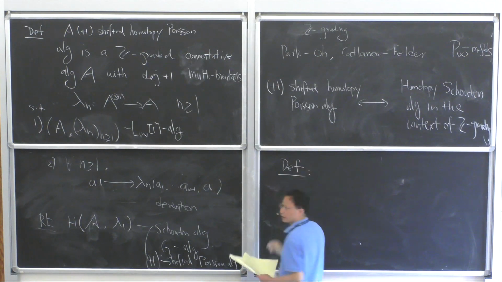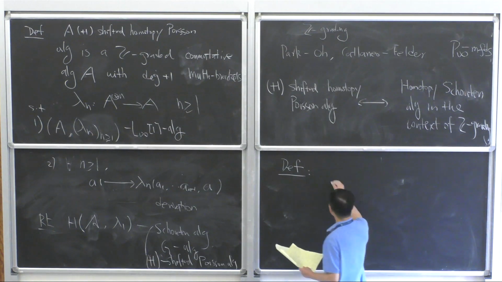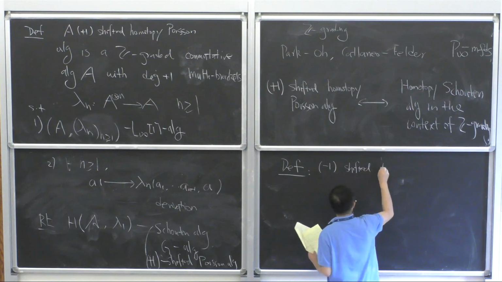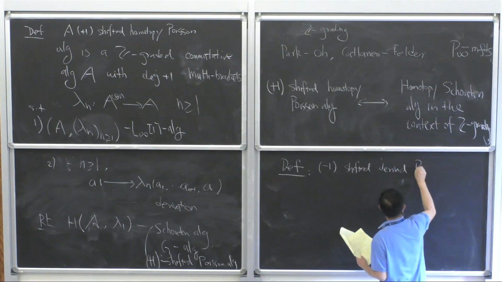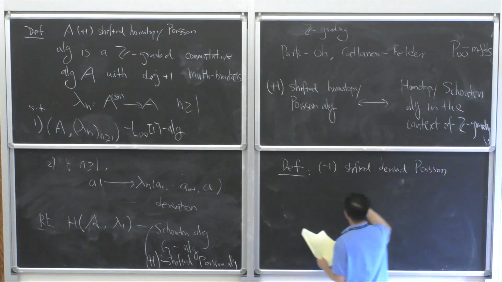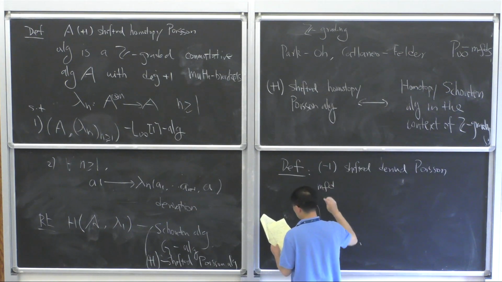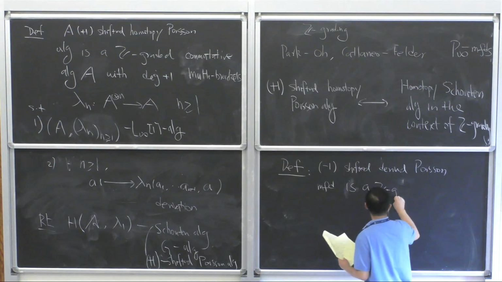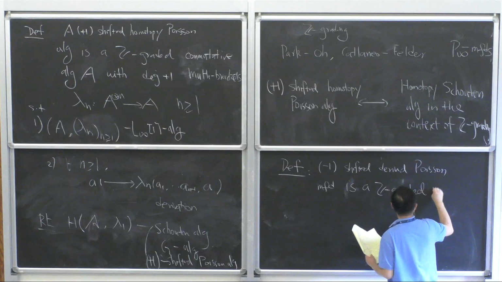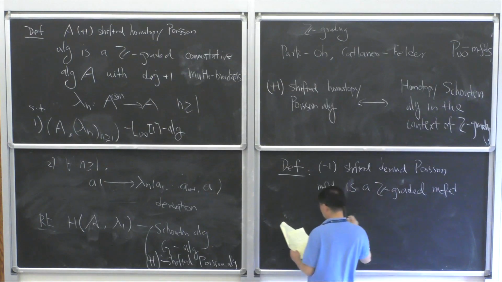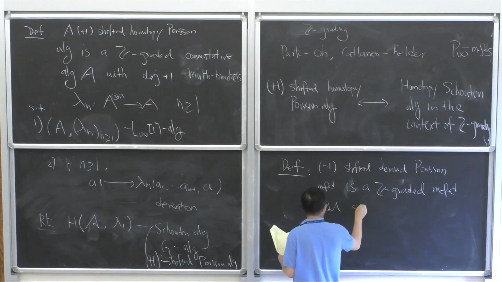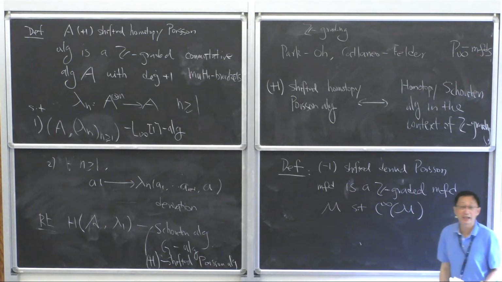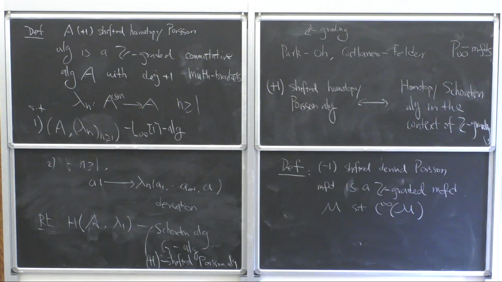And now, what is the minus shifted derived Poisson manifold? It is just a Z-graded manifold such that, since I'm looking at infinity, I can talk about global functions instead of a sheaf.